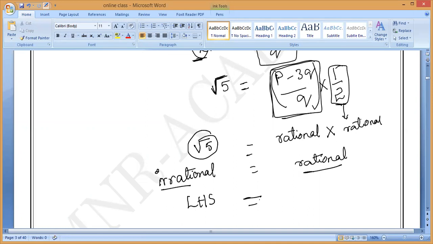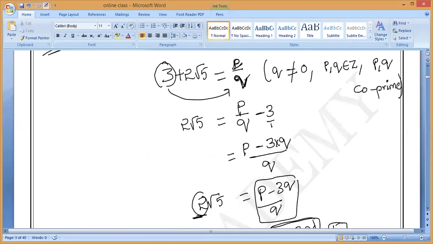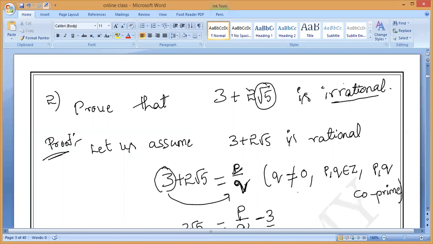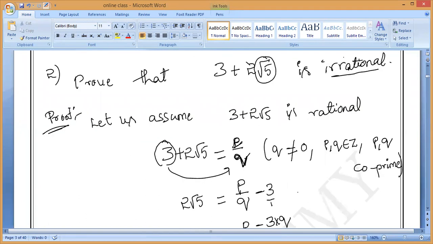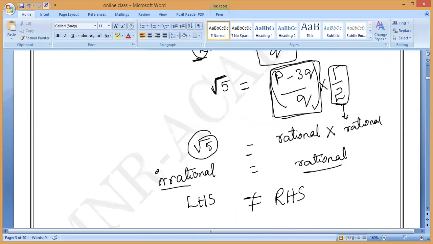It means LHS is not equal to RHS, so it is a false statement. A false statement means our assumption is wrong. Our assumption was that 3 plus 2 root 5 is rational, but it is irrational, correct? So this is for only 1 mark and 2 marks questions.